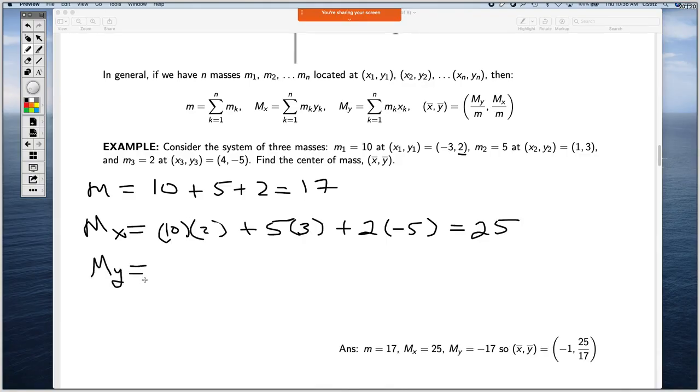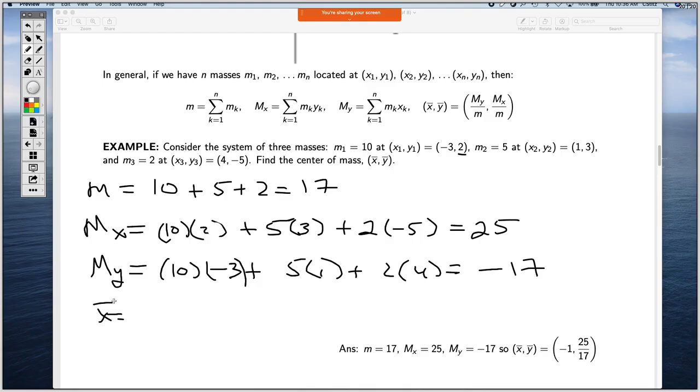Now for the moment about the y-axis, you take each of the masses times the displacement to the y-axis, which is given by the x-coordinate. So you take 10 times the x-coordinate there, negative 3, plus 5 times the x-coordinate 1, plus 2 times the x-coordinate 4, and that's the same negative 17 we had before.